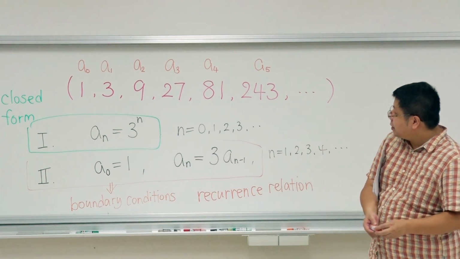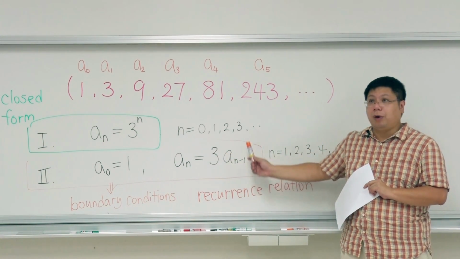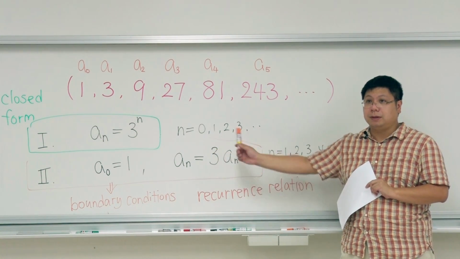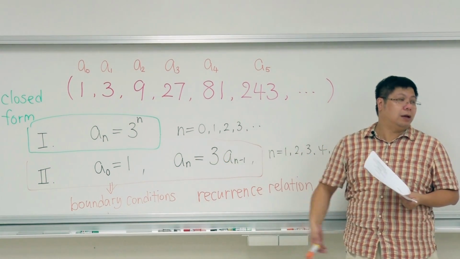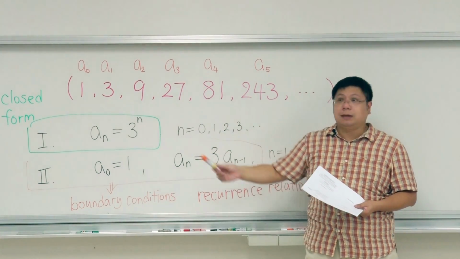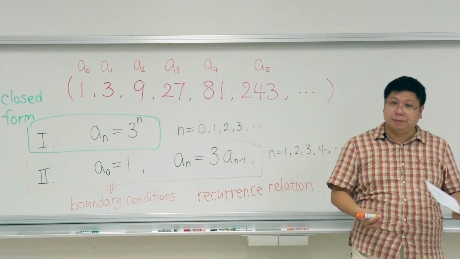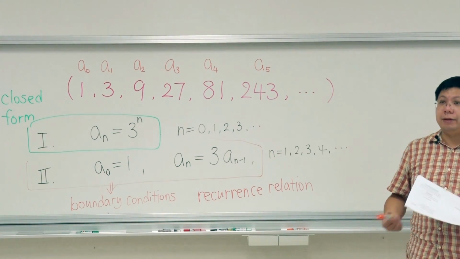The second thing is that a recurrence relation also captures the property between the terms. This tells us more information about the structure of the terms inside the sequence, or the structure of the numbers that you are counting.